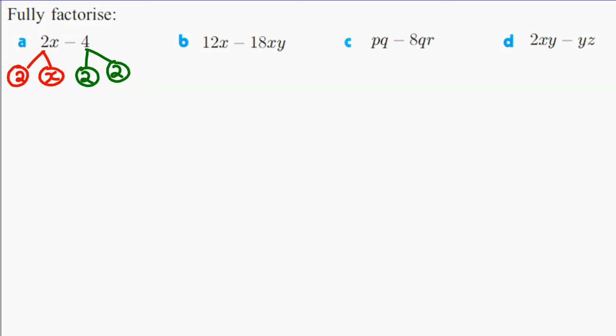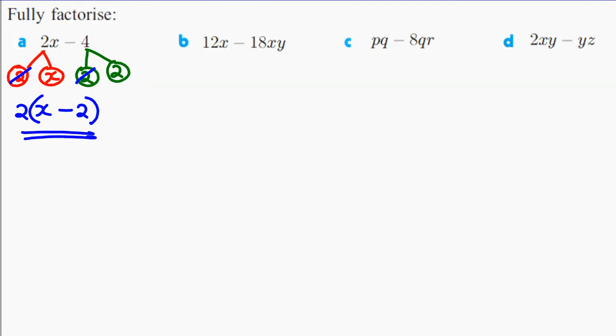The common factor here is 2, so I'll write 2 outside the bracket. What remains is x on the left, minus 2 on the right. So if the question was factorize 2x minus 4, the first step is to find the factors, then take out the common factor, and then introduce the brackets.